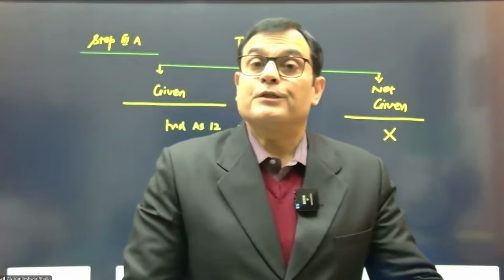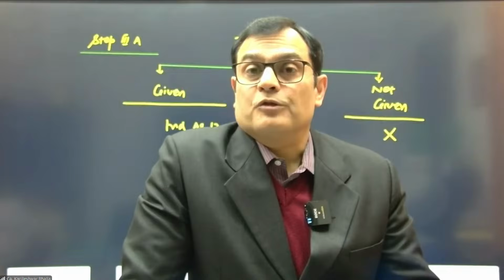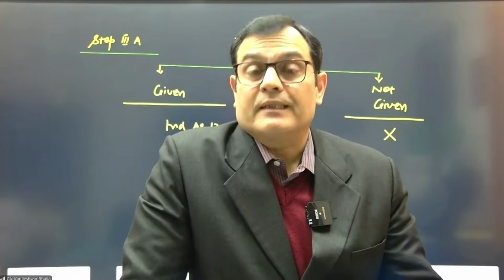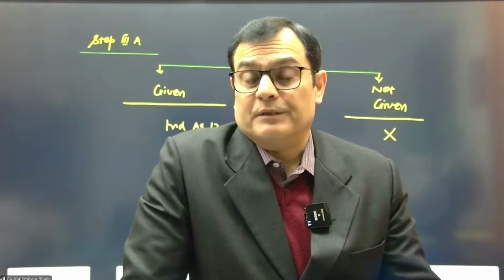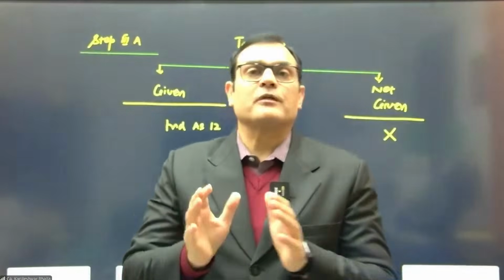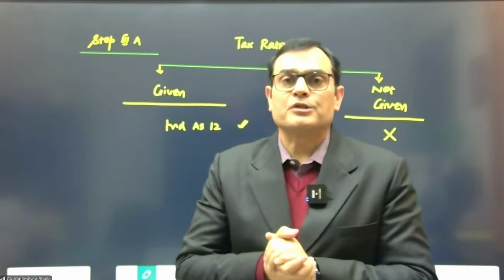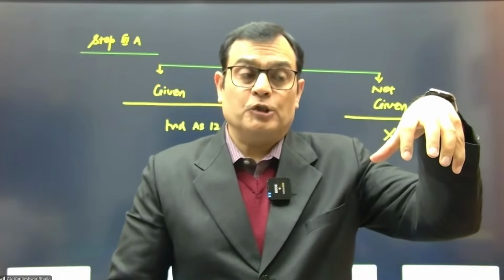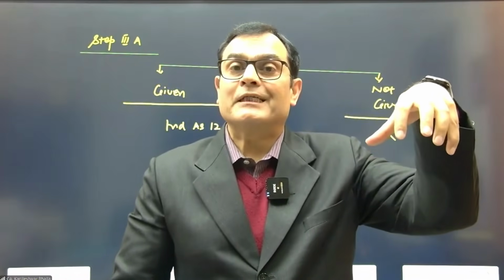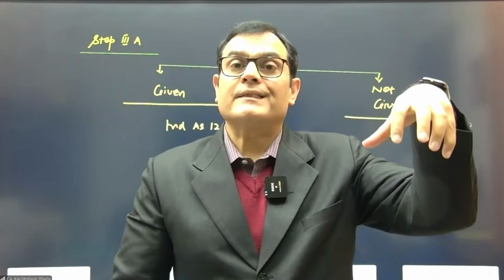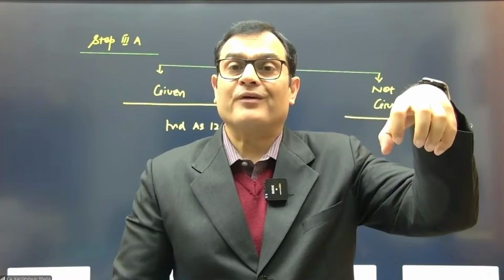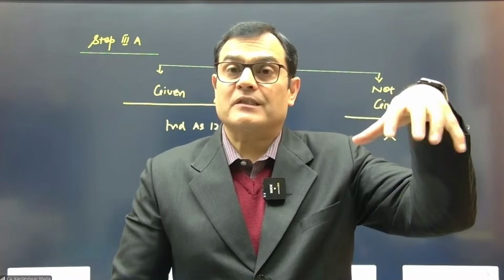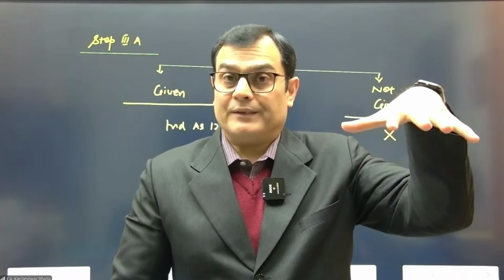Now, I'm just reminding you of the inputs which you have already done in Ind AS 12, the income tax standard, the concept of deferred tax asset and liability. What you need to first remember, and which is logical, is that in the books of the acquirer, you are putting an acquisition entry where all the assets and liabilities are taken at fair value. So the carrying amount effectively is equal to the fair value.